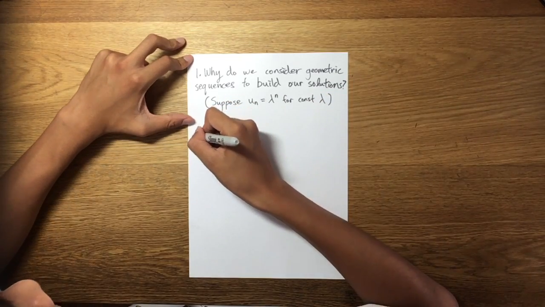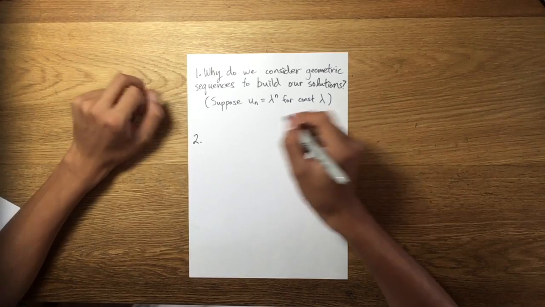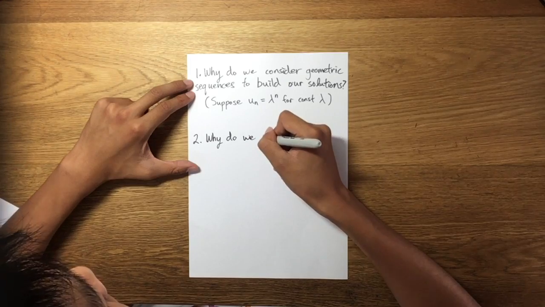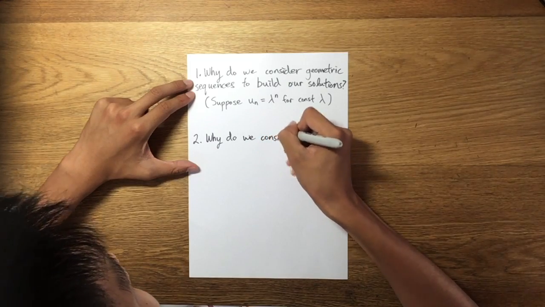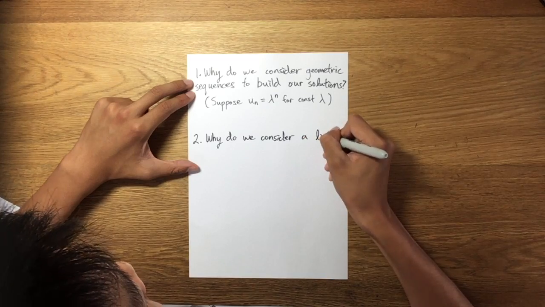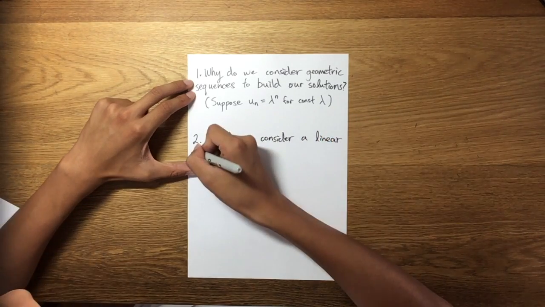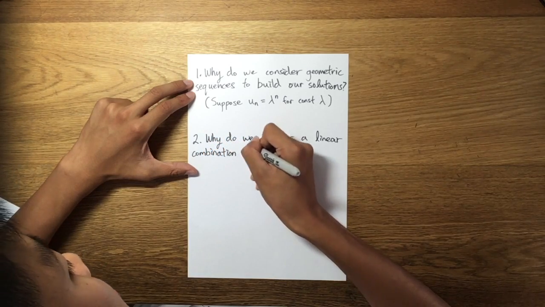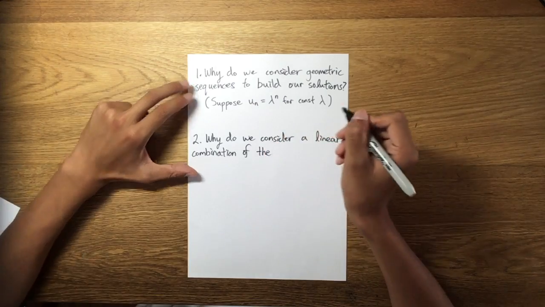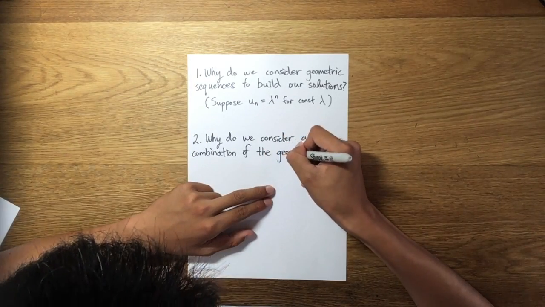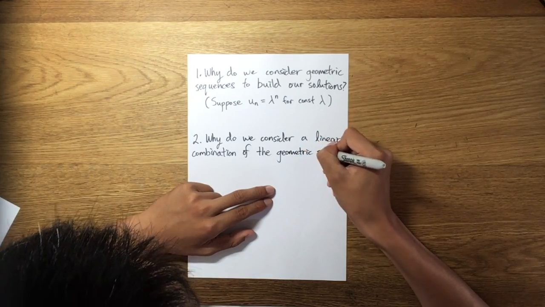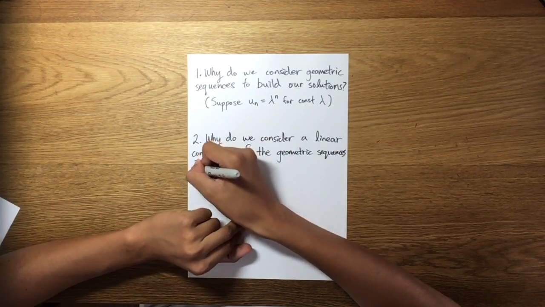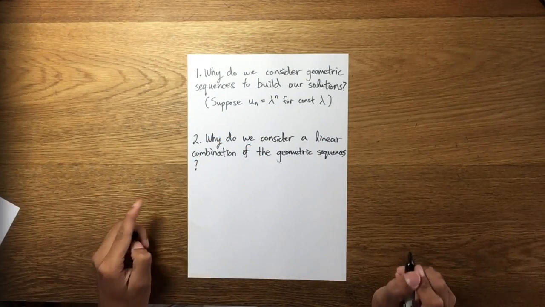And the second question is, why do we consider a linear combination of the geometric sequences we get? How come we didn't consider some other method of combining the two solutions?